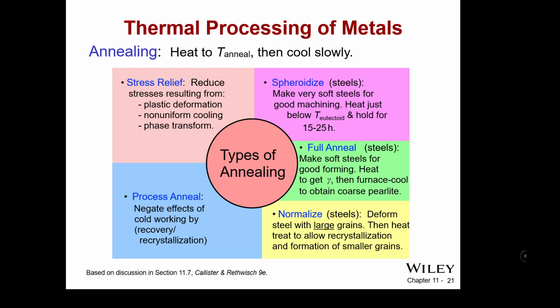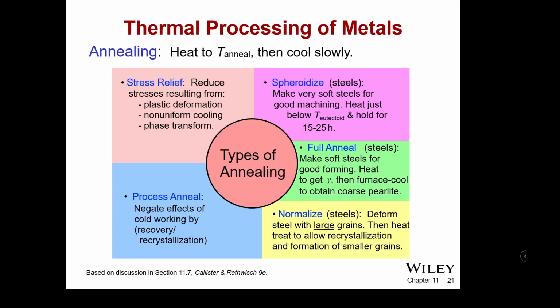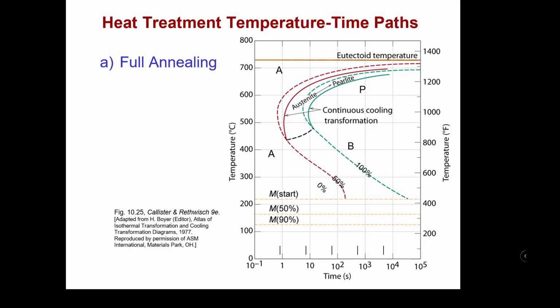So the process annealing is often done in the middle of making something in order to continue forming the steel and keeping it easy in terms of wear on the equipment, so you're not just work hardening, cold working the material into a material that you can't continue.